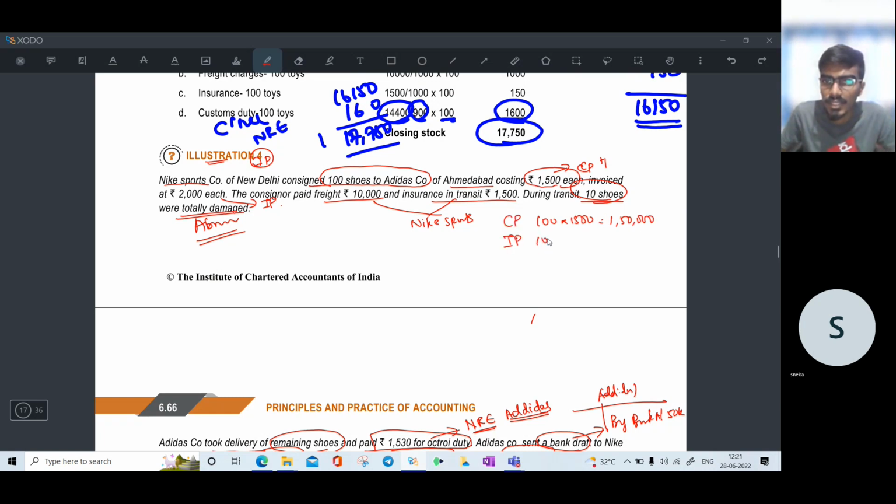Invoice price is 100 into 2,000, which is 2 lakh. The loading will be 50,000 for 100 units. For one unit, it is 500, right?